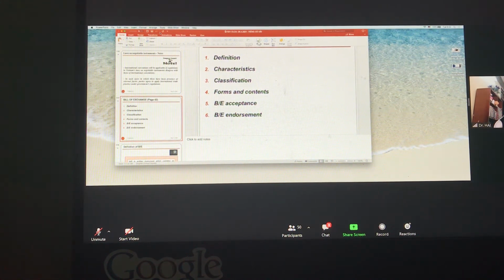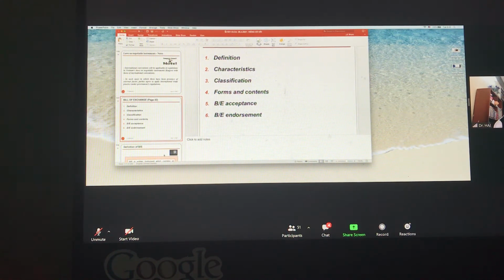After the definition, we examine characteristics of bill of exchange, and we classify bills of exchange, and of course we study form and contents of the BE, and some other knowledge like BE acceptance or BE endorsement. Okay, from now I use the abbreviation BE. BE stands for Bill of Exchange. Remember, because also in the final exam, we often use abbreviations. Many different abbreviations we use in the exam.